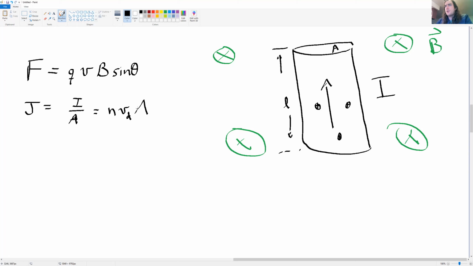Oh, excuse me, I forgot the charge. So density of charge carriers times the charge of those charge carriers times the drift velocity. And then if I want current, actually, I multiply by A. So nQVd times A. Okay.